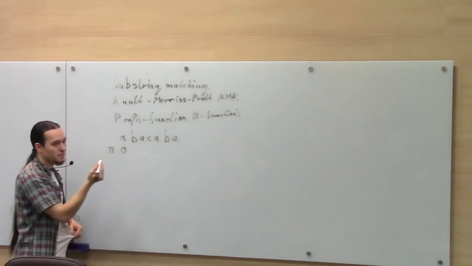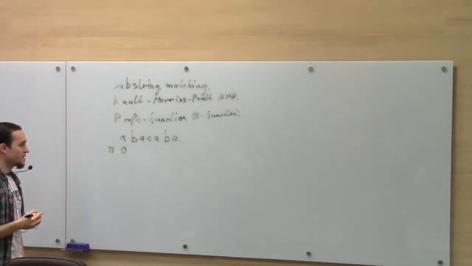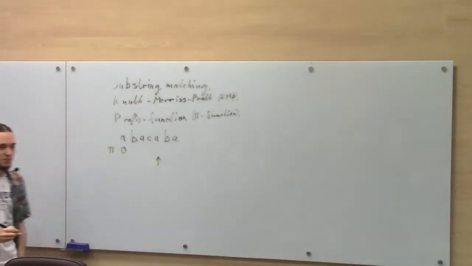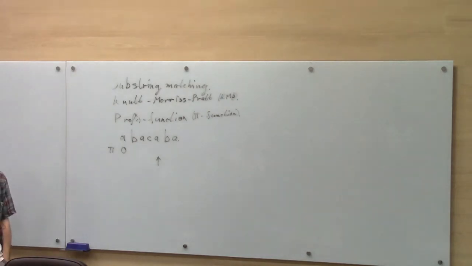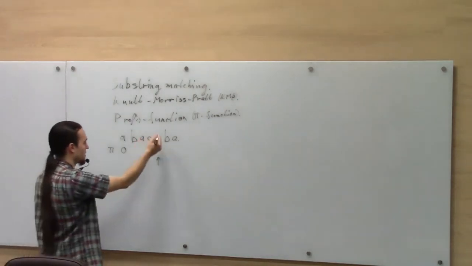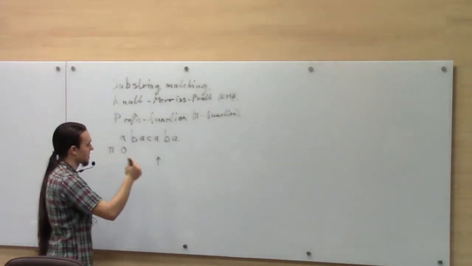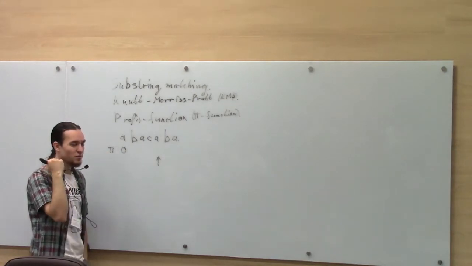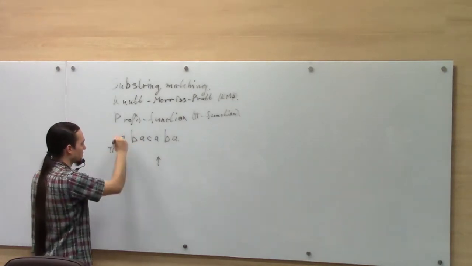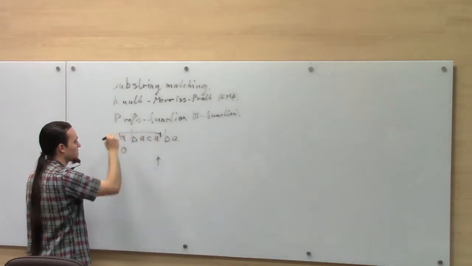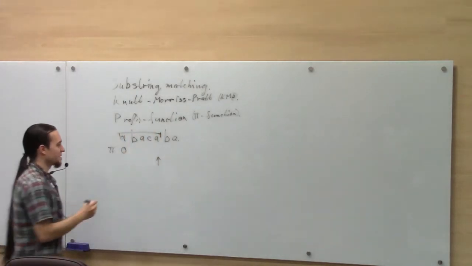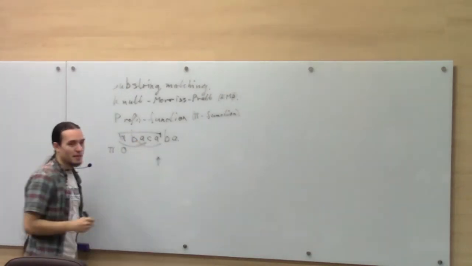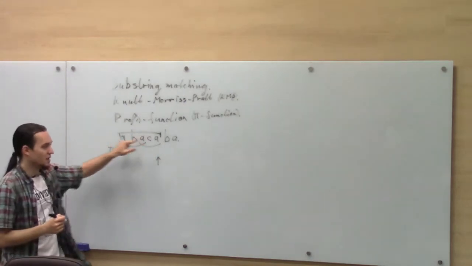In every other position, the prefix function is the largest number such that, assume we want to try if the prefix function is 3, we consider this prefix here, and look at the first 3 characters and the last 3 characters, and check if they match.